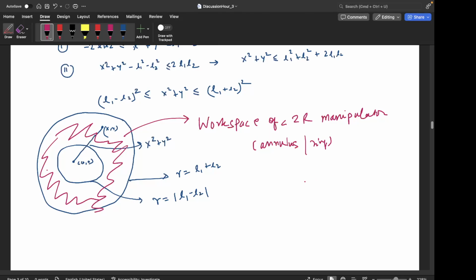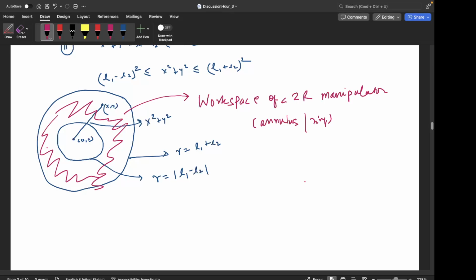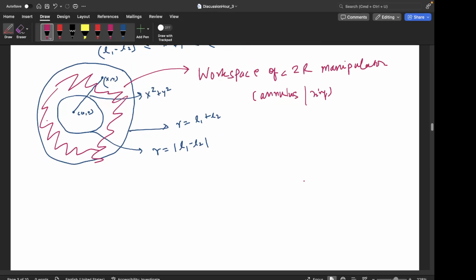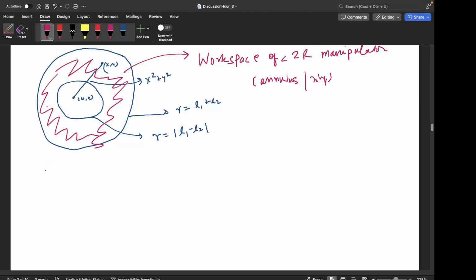So workspace maximization is something which is commonly done. I'll quickly show an example for this 2R manipulator itself, of what scenario the workspace is being maximized.